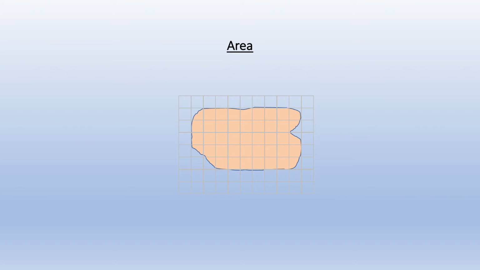Then you have 6 half squares, which is the same as 3 whole squares. Then you have 1 square, which is about 3/4 filled. So the total area is approximately 37 plus 3 plus 3/4, which gives you an area of 40 3/4 centimetres squared.